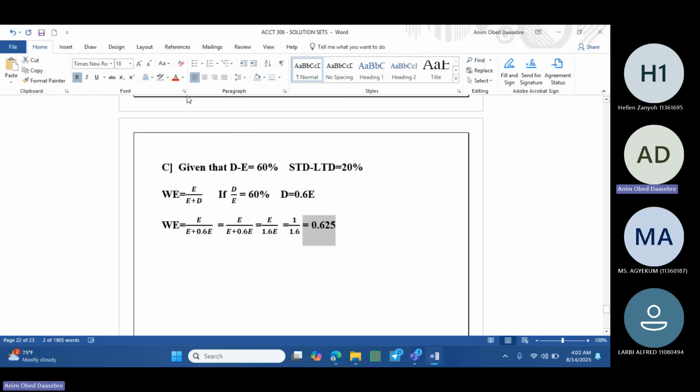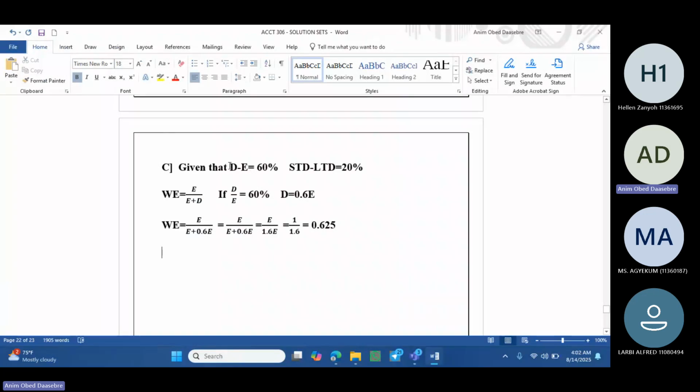The weight of equity that you'll be using to find the WACC. So if this is the weight of only equity, then we need to find the weight for debt. Right.